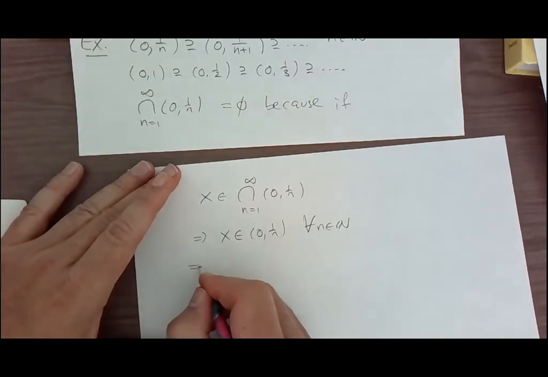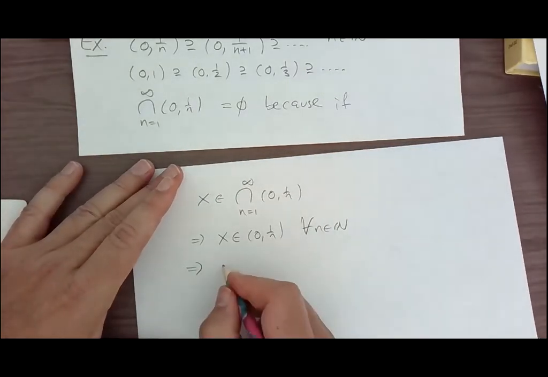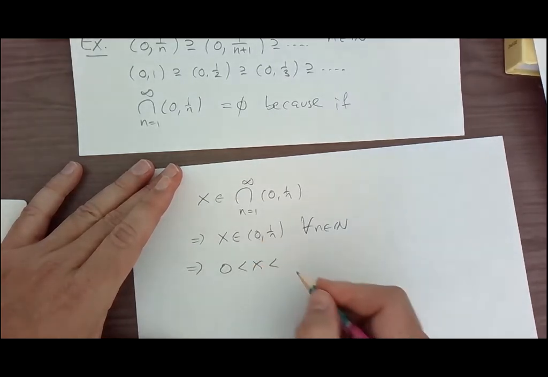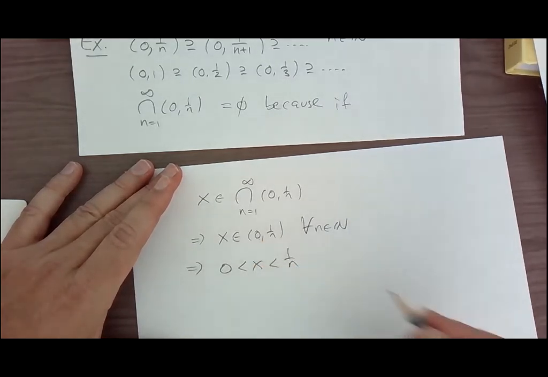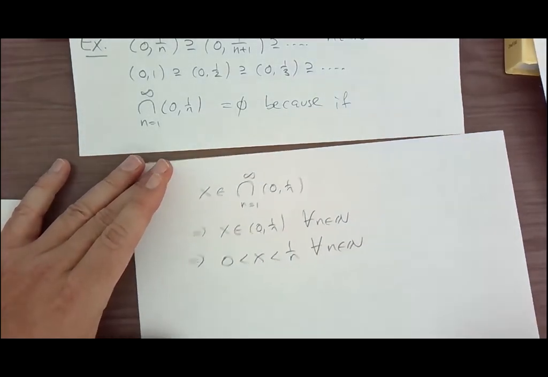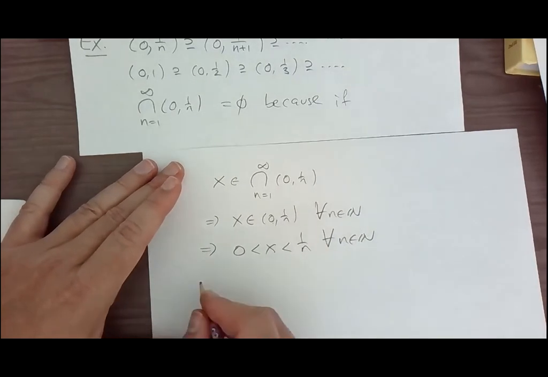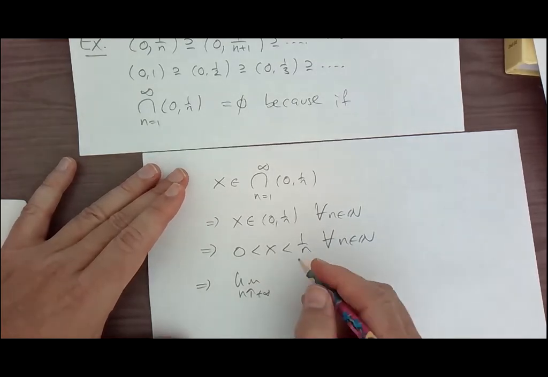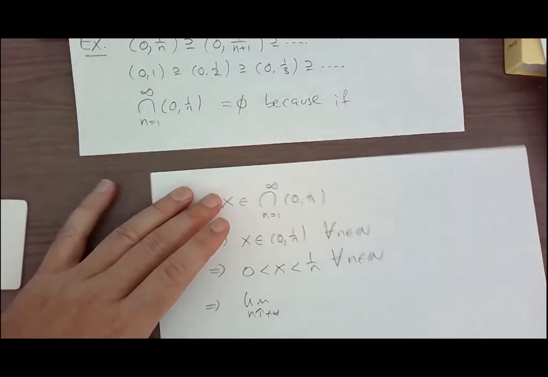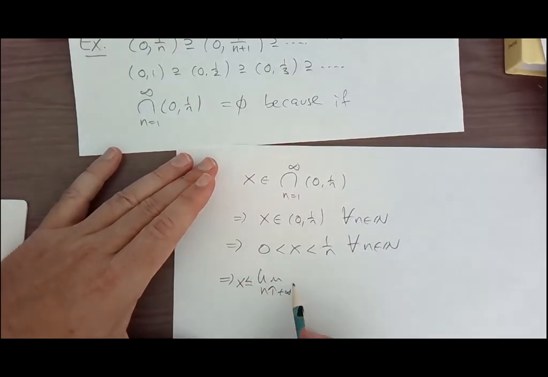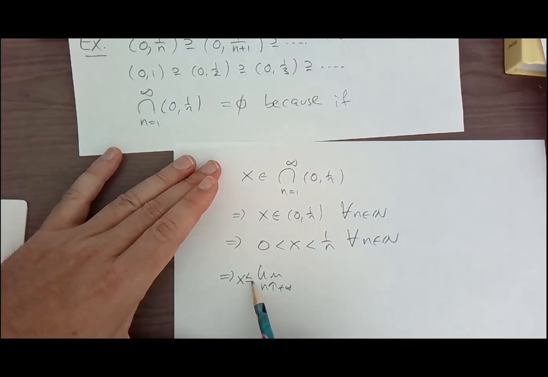But then in particular, I have to have that x is positive and it is less than 1 over n. And that doesn't work because if I take the limit as n goes to infinity, I get that x is less than or equal to, remember, when you take a limit, you need to put an equality sign here.